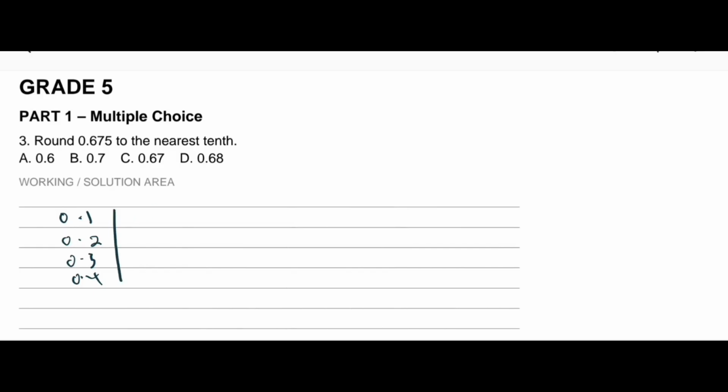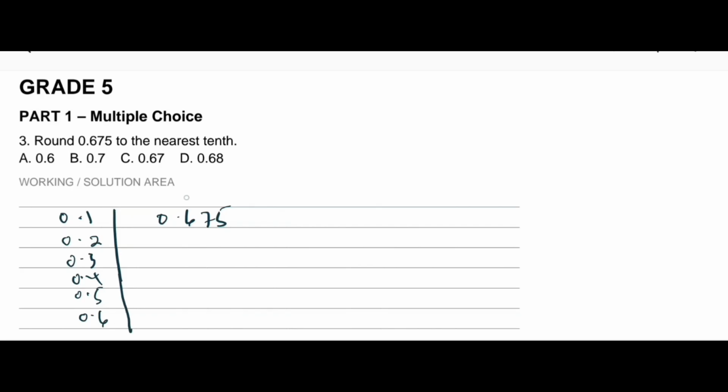So if the number they have given you is 0.675, and you have been asked to round it to the nearest tenth, you have to ask yourself, which one is the main number here? Because they want the number to look like this, 0.5, 0.6, and so on.